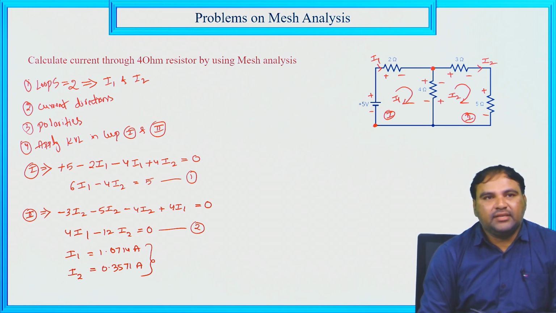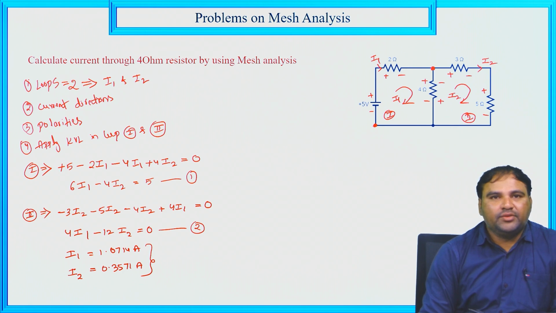But in the question, we need to calculate the current through the 4 ohm resistor. In the given circuit, we need to find the current through the 4 ohm resistor.